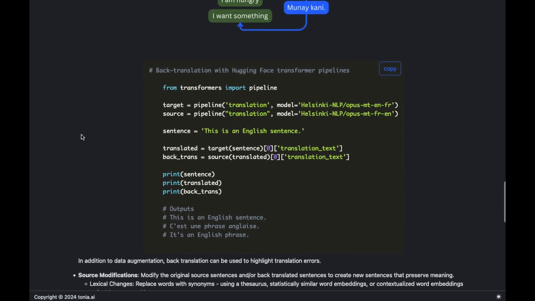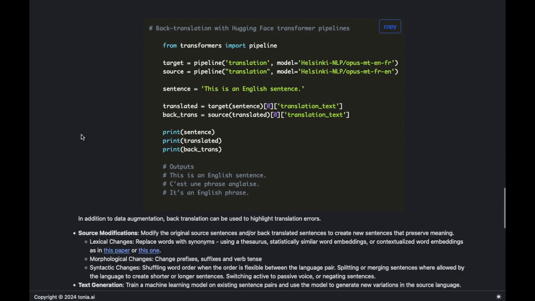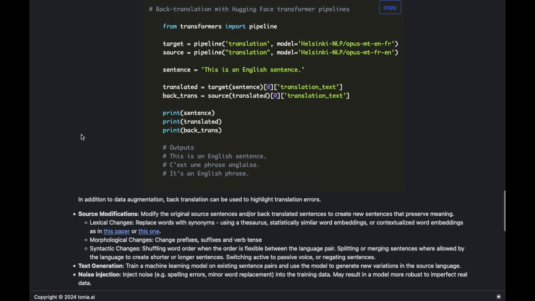So back translation is just one technique for augmenting your training data set. Some other techniques include source modifications. There are a lot of different kinds of source modification techniques, but in each of these, the idea is that you modify the original source sentences.